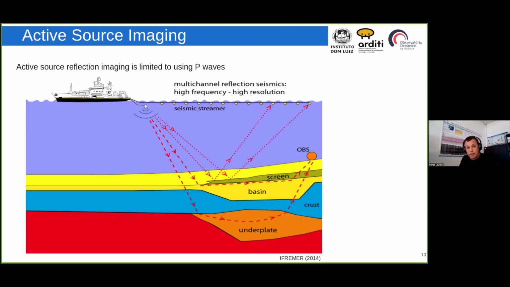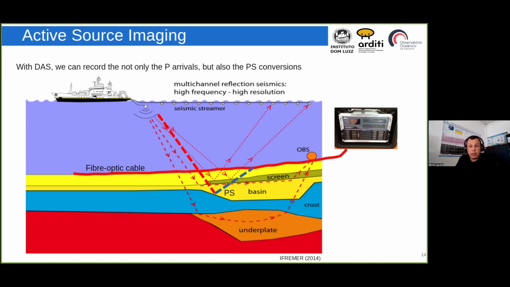But if we have a cable on the seafloor, we can get all the P to S conversions that occur as the seismic waves travel through the different layers. So not only will we get a high spatial resolution image, but we will also get the S waves that are lost with a towed streamer.